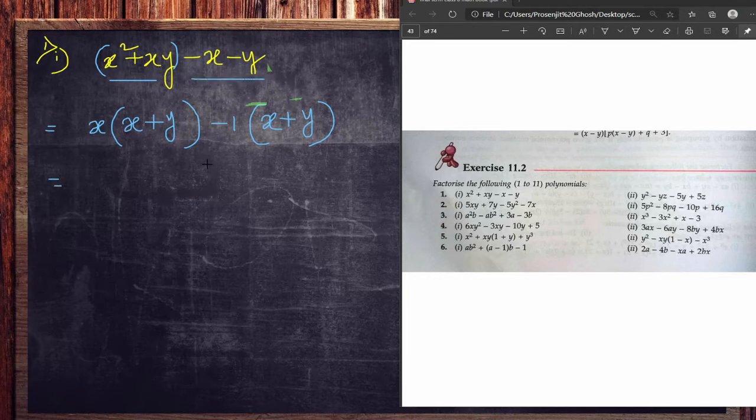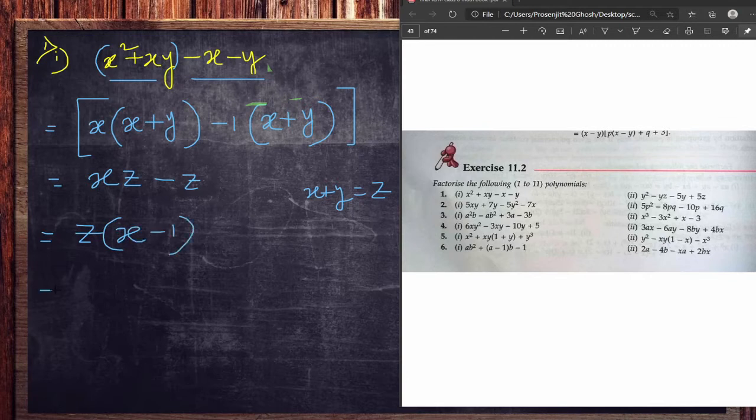Achha. Now see, we have to check it as total. Just like the last sum, you can take x plus y equal to z. You will understand this better: x times z and minus z. The idea is pretty much simple. Take out the z as common factor, x minus 1 will be there, and put the value of z.